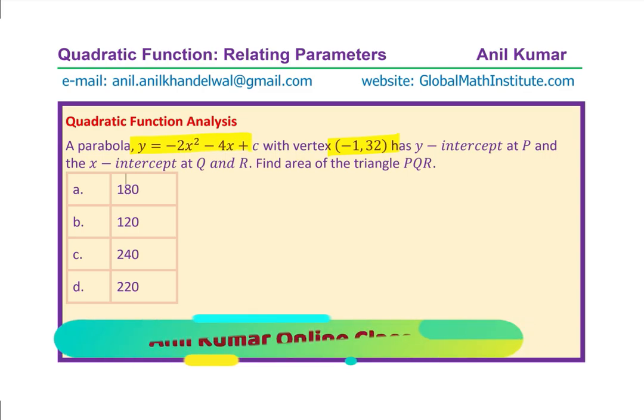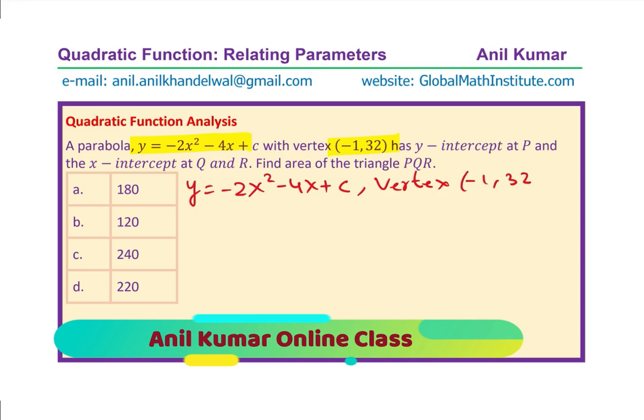We have in the equation y equals minus 2x squared minus 4x plus c, and we know that the vertex of this is (minus 1, 32). Therefore we could write this as minus 2, and since the x value is minus 1 for the vertex, we get (x plus 1) whole squared, and 32 is the maximum, so plus 32.